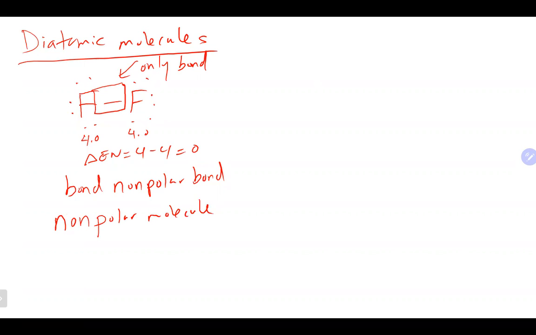Now, if we looked at something like HF, which is also diatomic, it looks something like this. With fluorine being the most electronegative, we would draw the bond dipole arrow heading in this direction, and we would know that the bond between the hydrogen and the fluorine is a polar bond. Again, fluorine is about 4, hydrogen about 2.1, so that's about a 1.9 difference in electronegativity.